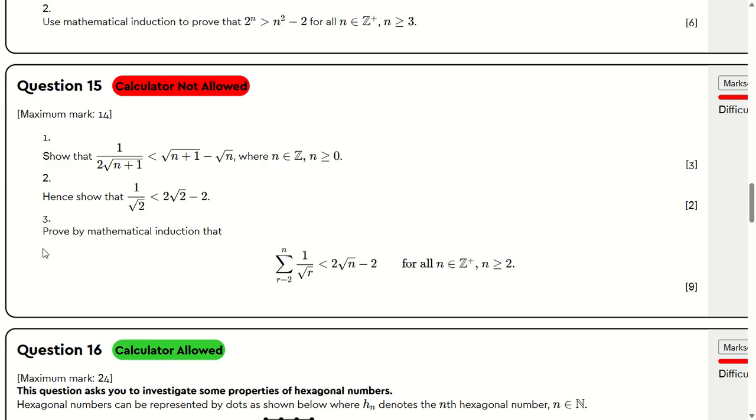Now, can you try number 3 from 15? 9 marks for this question. That means it will require use of calculation.